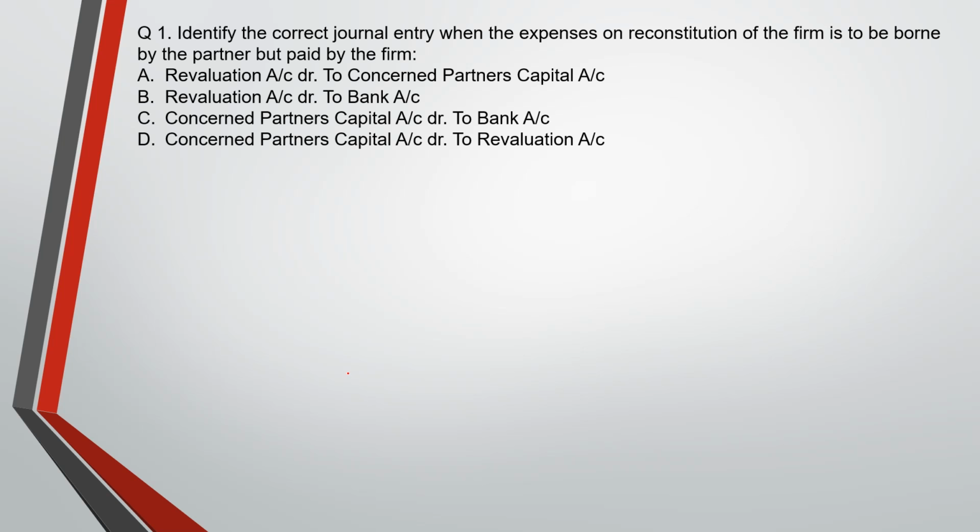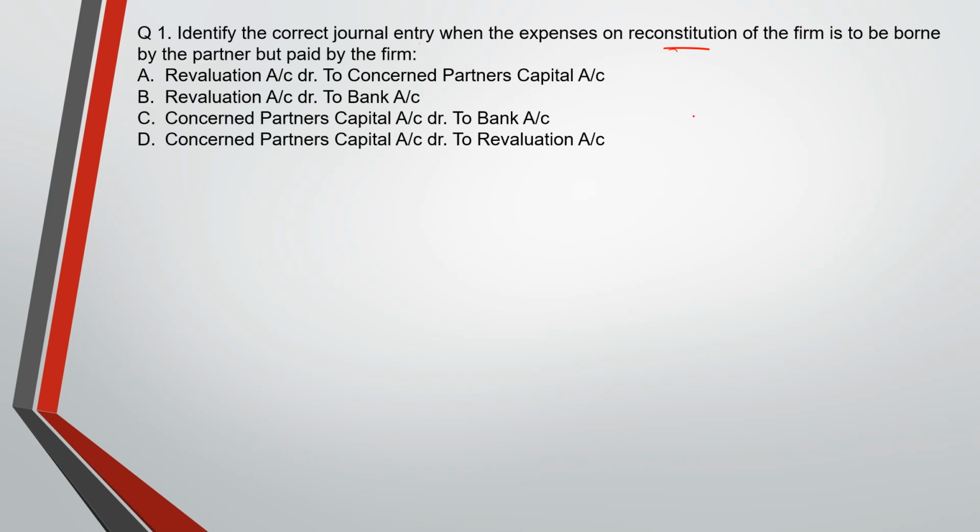So let us read the first question. Identify the correct journal entry when the expenses on reconstitution of the firm is to be borne by the partner but paid by the firm. So here we are supposed to pass a journal entry for expenses on reconstitution of the firm. When there is a reconstitution of a firm, certain expenses might have to be incurred.